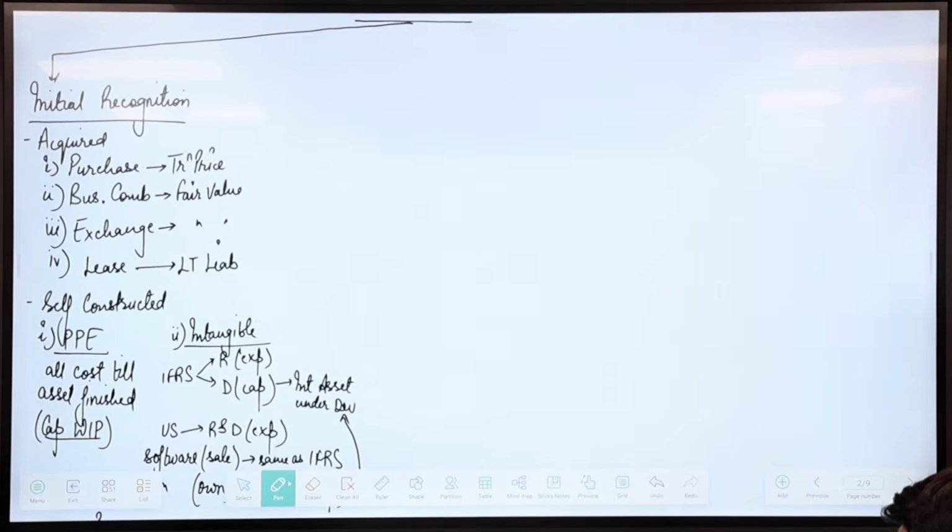So the intended purpose concept, or probable usage, is a common concept in IFRS and US GAAP also. The idea is you only report an asset if you're actually planning to use it. Sometimes a project you're working on could be in the development phase, but you don't plan to use it. You're just seeing how far the project can go, and maybe you then shelve it. After a few years, technology catches up or the market is ready for a product like that.